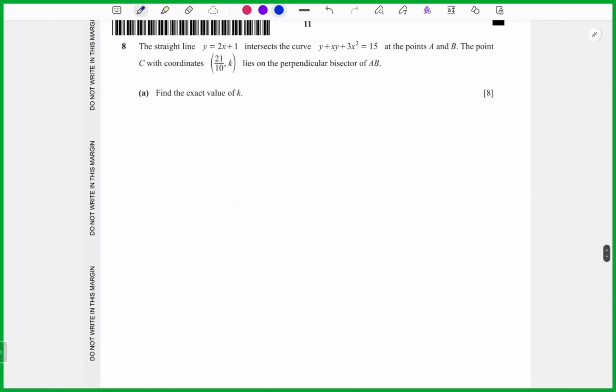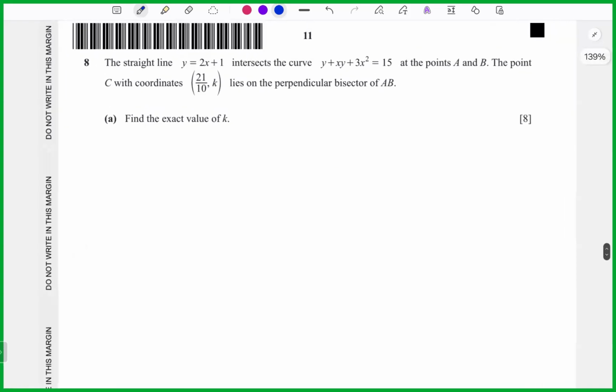Question 8. The straight line y equals 2x plus 1 intersects the curve y plus xy plus 3x squared equals 15 at the points A and B. The point C with coordinates (21/10, k) lies on the perpendicular bisector of AB.